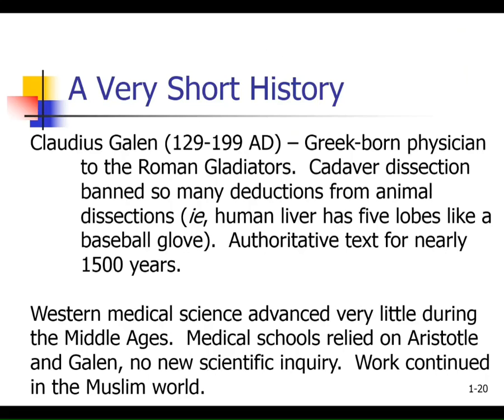I mean, pigs have intestines and a stomach, but there are also some very different things, and if we relied upon animals to learn about human anatomy, we would have some problems. So this was not the best thing, but there were many mistakes perpetuated through history because we thought that humans must be a lot like smaller animals.